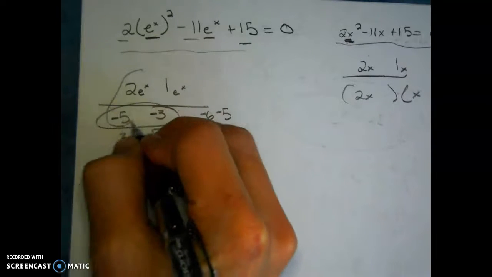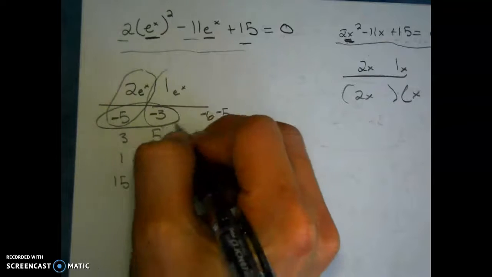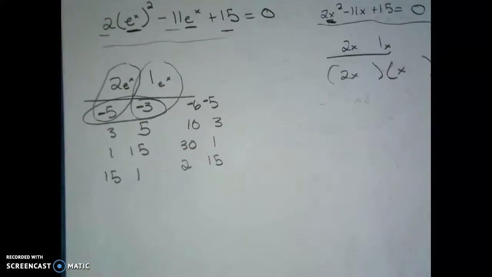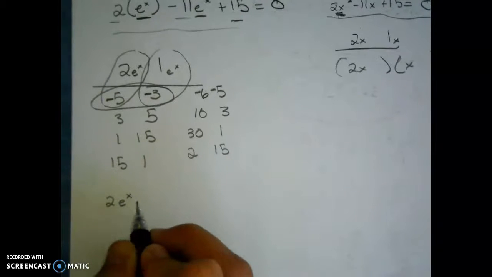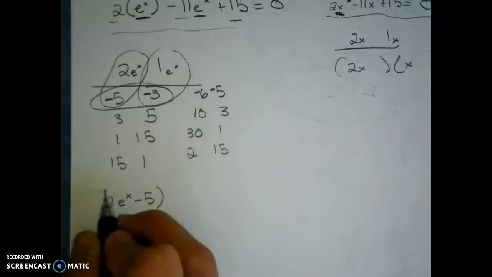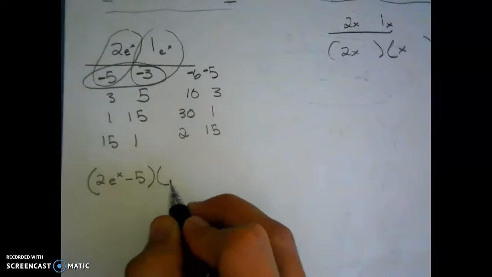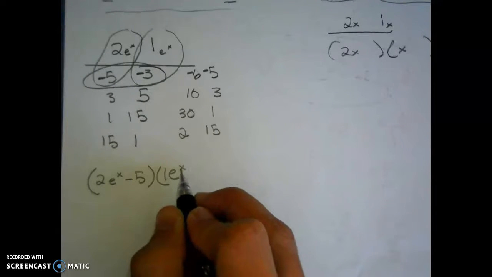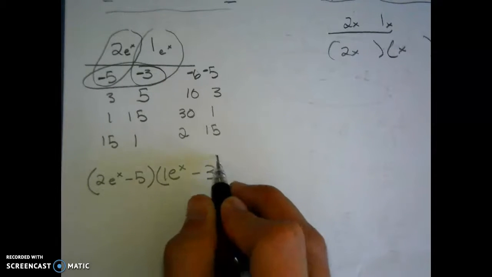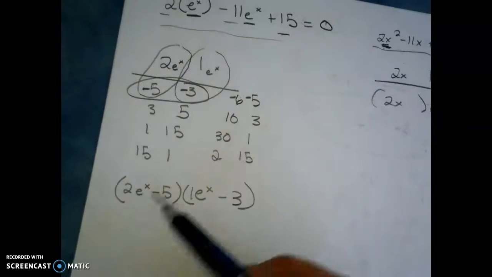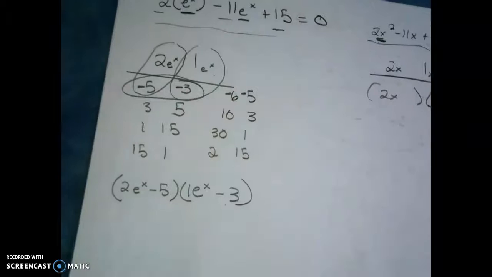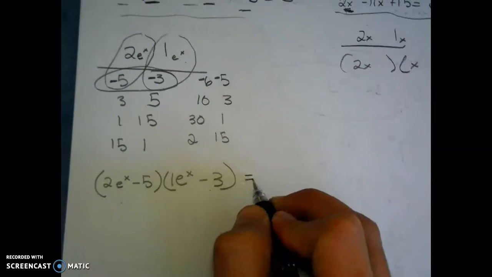Remember, we write our answers vertically, like that. So now I have 2 e to the x minus 5, then 1 e to the x minus 3. I got that from here, writing my answers vertically. And remember, this is equal to 0.